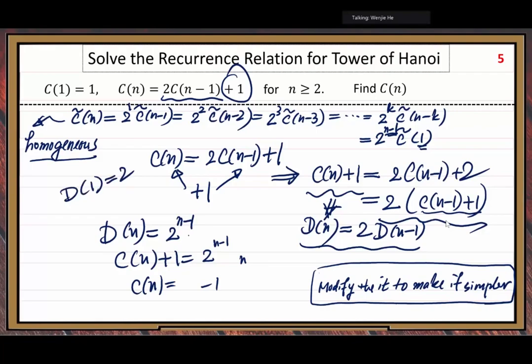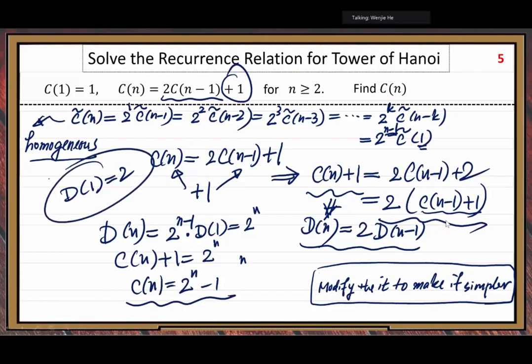So D of n equals 2 times D of n minus 1, and with another 2, D of n equals 2 to the n. So C of n plus 1 equals 2 to the n, and C of n equals 2 to the n minus 1. Yes, because the initial value has been changed. When we add 1, we also need to change the initial value.